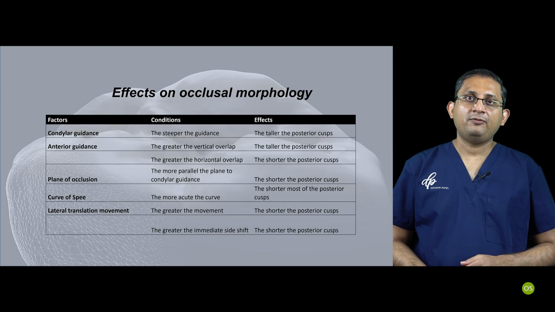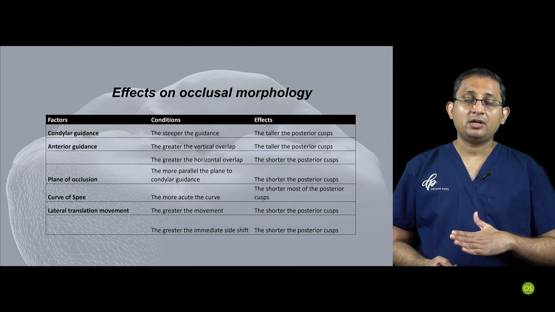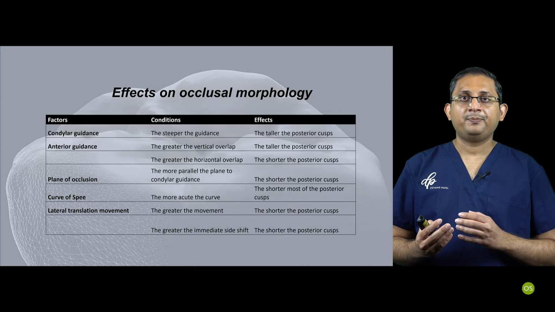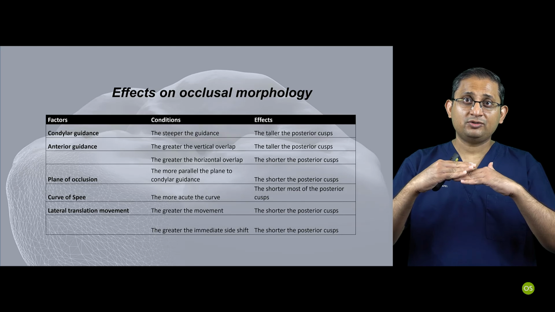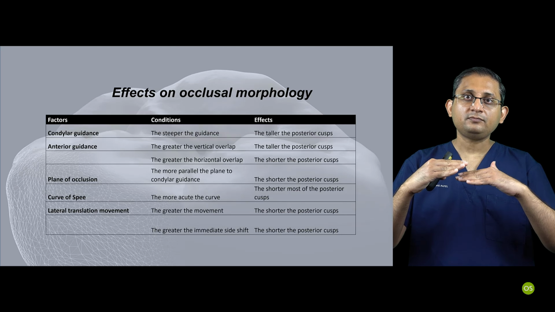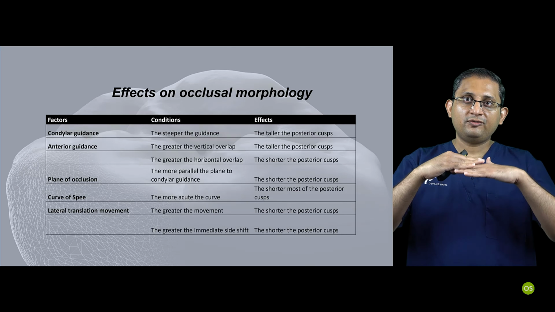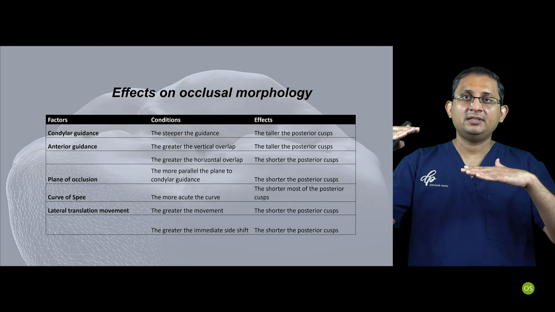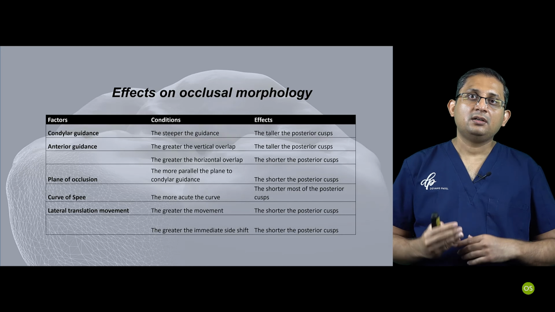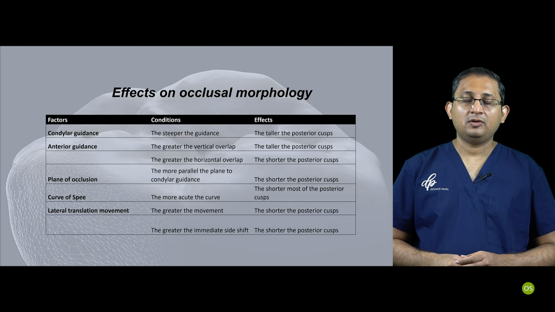And that's why when you have an acute curve of Spee, the cusp tips need to be shorter so they don't really interfere. Whereas if you have a flatter curve of Spee, because the disclusion is quite immediate, you can have a nice anatomy of the teeth.